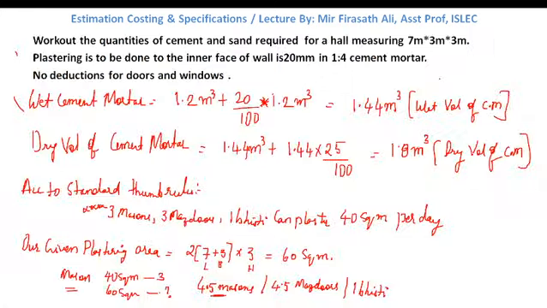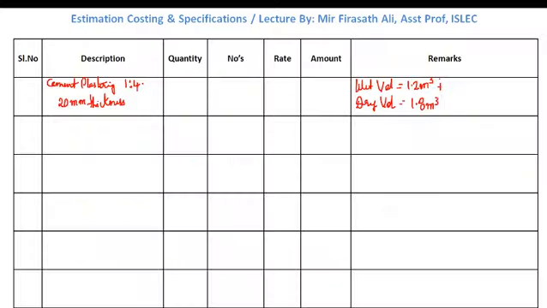If we add 25% excess, how much it was? Wet volume 1.44 meter cube. Okay, so this is plus excess 1.44 meter cube, whereas dry volume is 1.88 meter cube.